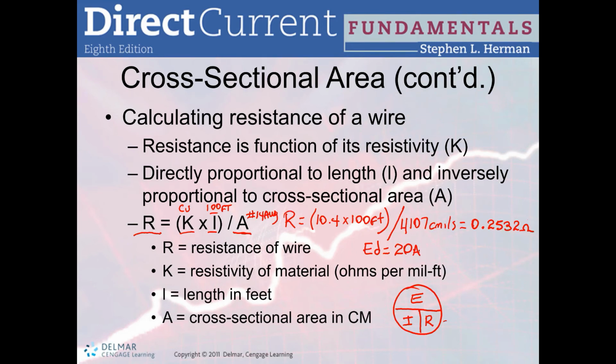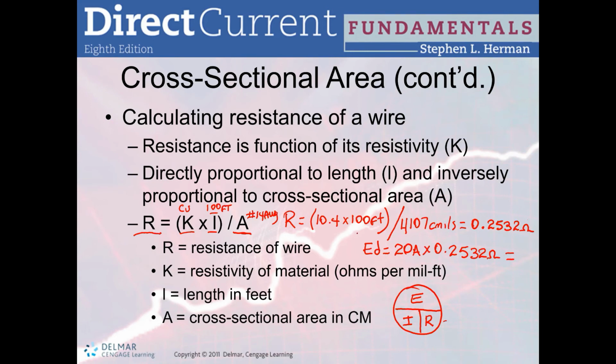We are doing this for calculation purposes. So I'm going to put 20 amps on this conductor, and with the resistance equal to 0.2532 ohms, I can determine the voltage drop I'm going to have on that conductor.